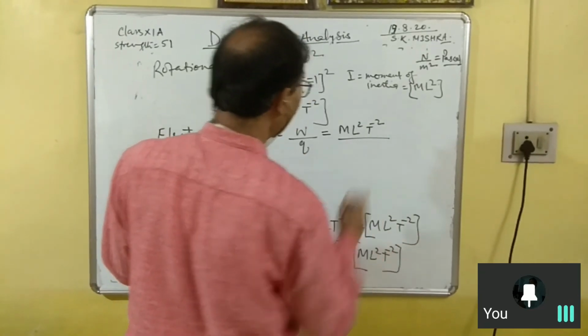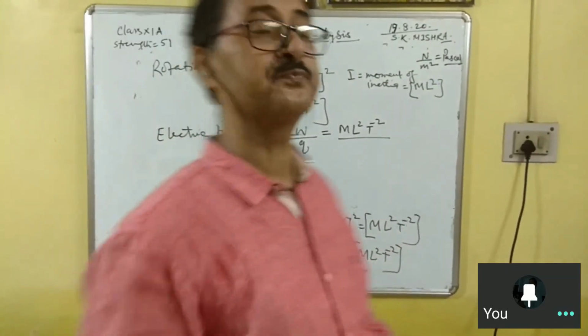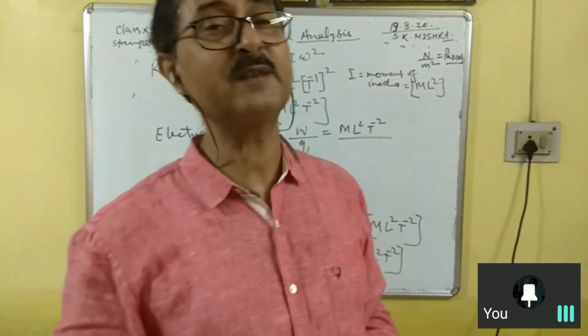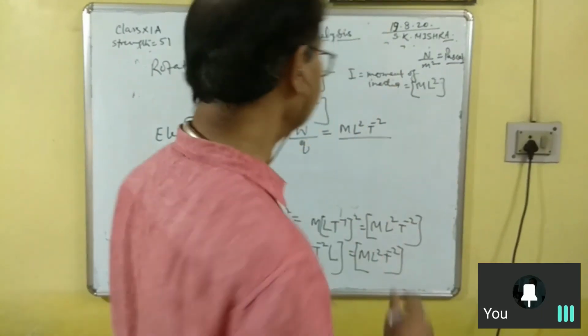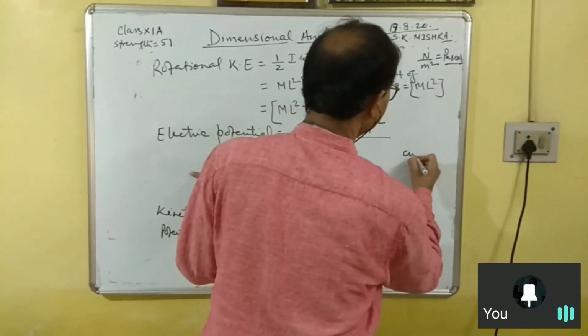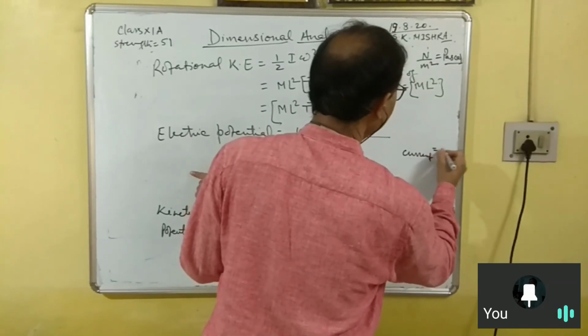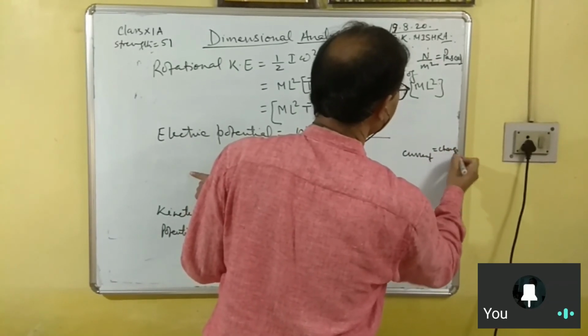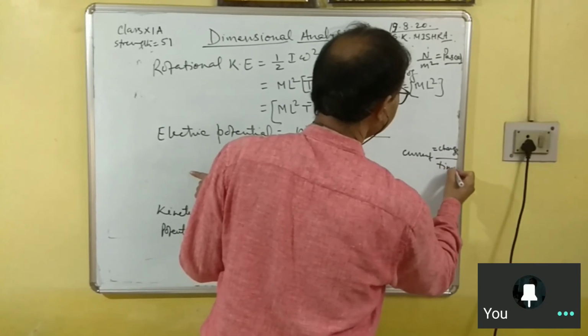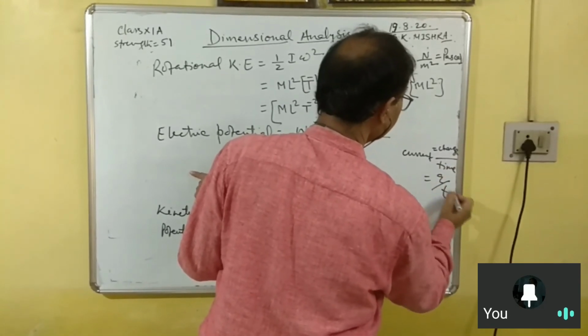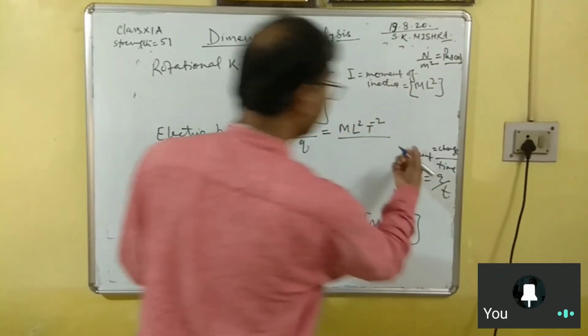Force is MLT⁻² into L, so ML²T⁻² divided by Q. Now charge is not a fundamental quantity. Remember, ampere is the fundamental, and current is equal to charge by time, the flow of charge per unit time, that is Q by T. So Q is current into time.